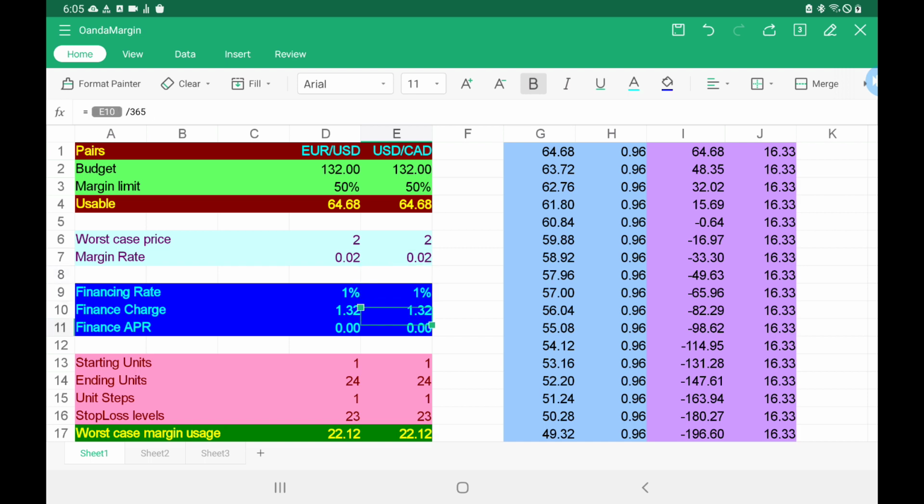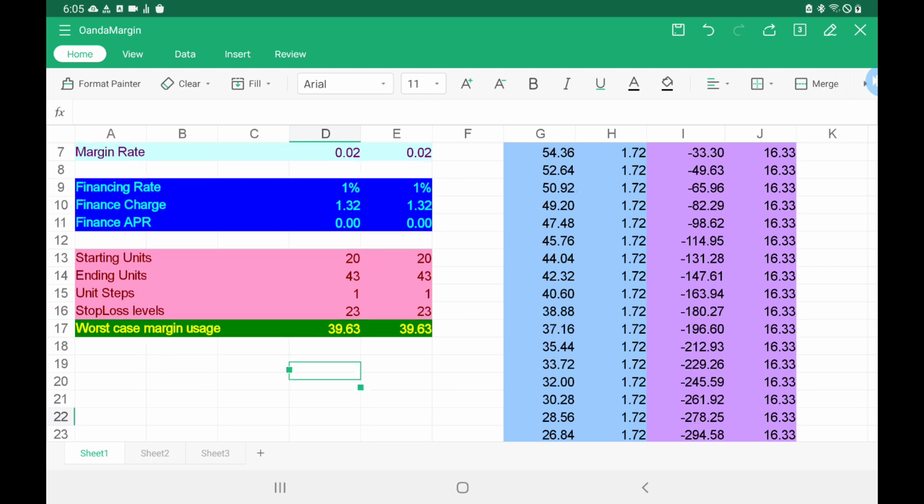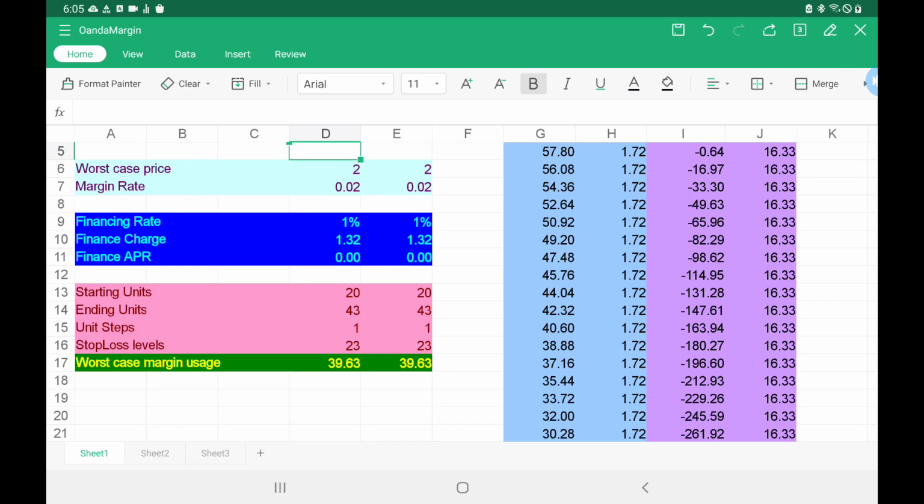For example, let's see if we can maximize our budget. So on a $132 budget, you could trade 57 units.